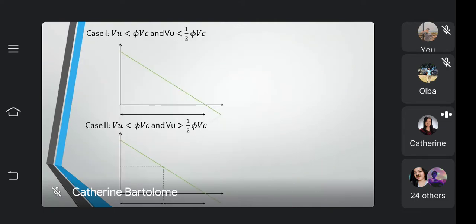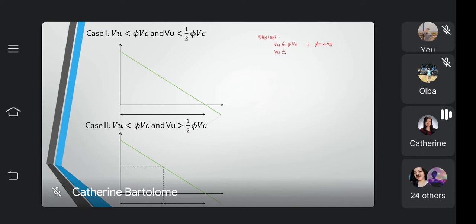So let's proceed to the design of beams. Before we move on to the different cases, let's talk about design. In terms of design, we know that the ultimate shear should be less than or equal to phi Vn, where phi here is equal to 0.75 according to NSCP 2010.